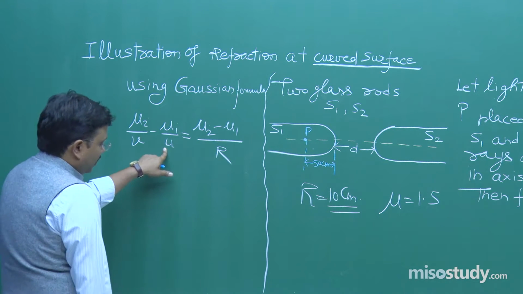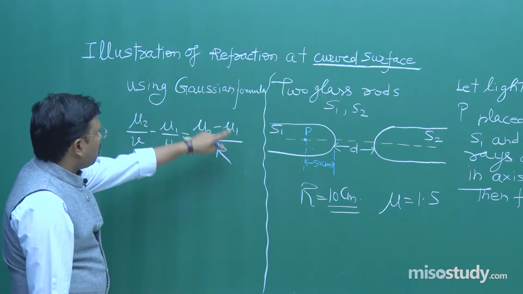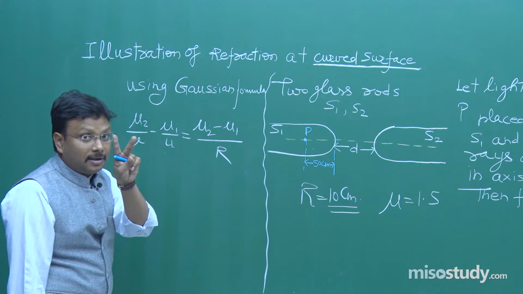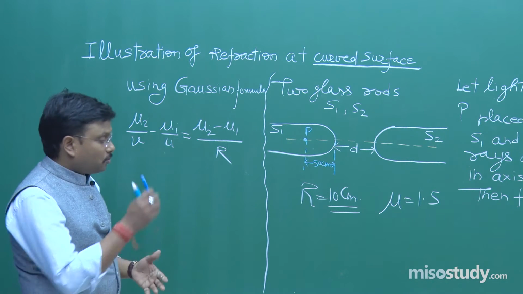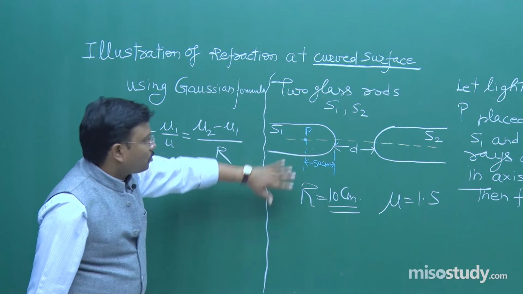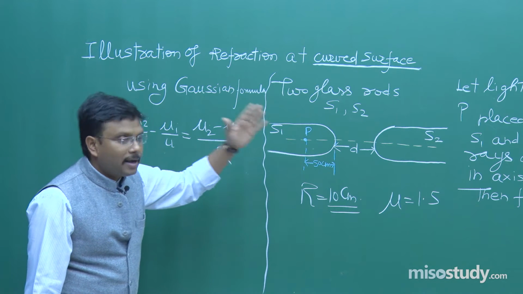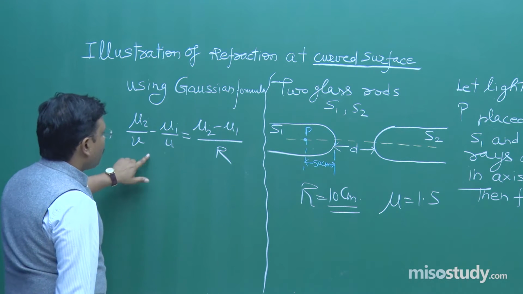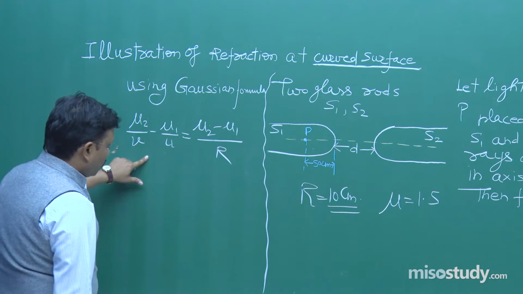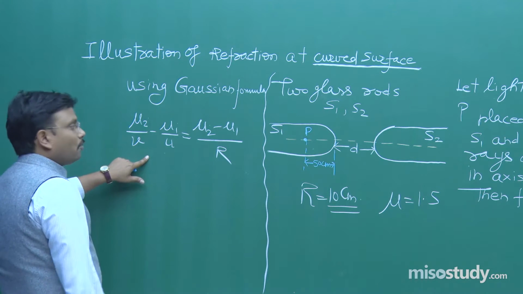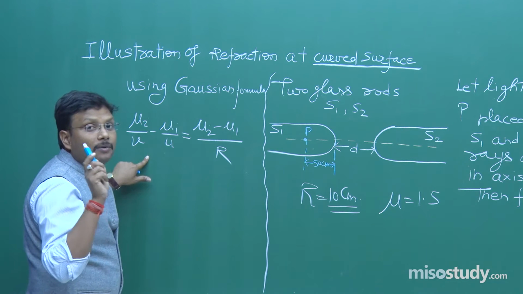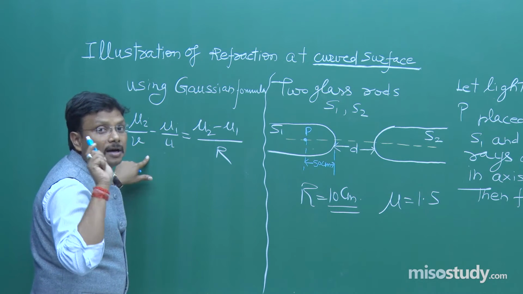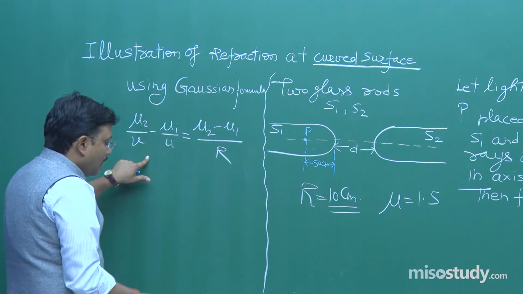Now listen carefully. We have to apply this Gaussian formula twice. Why? Once for S1, next time for S2. So when we apply this formula for S1, what will be the final result, just by putting in the values?